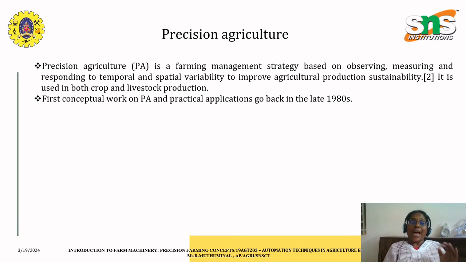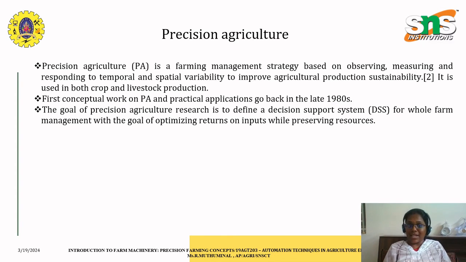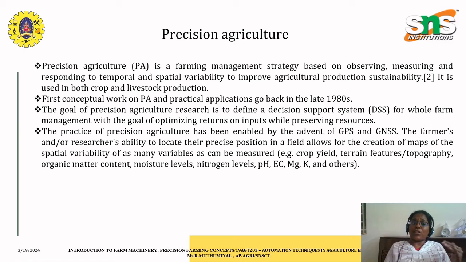The first conceptual work on precision agriculture and its practical applications go back to the 1980s. The goal is to define a decision support system for whole farm management, with the goal of optimizing returns on inputs while preserving resources. This practice has the ability to locate the precise position in a field, allows for the creation of maps, and involves the spatial variability of many variables that can be measured.